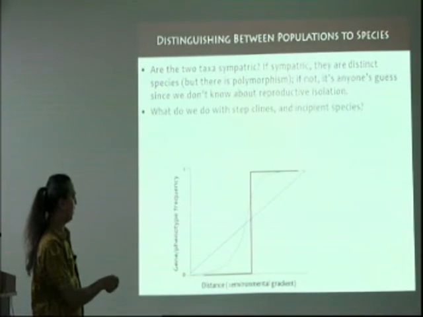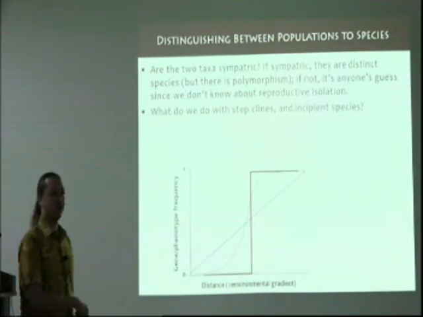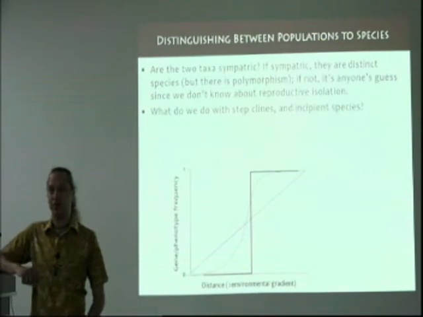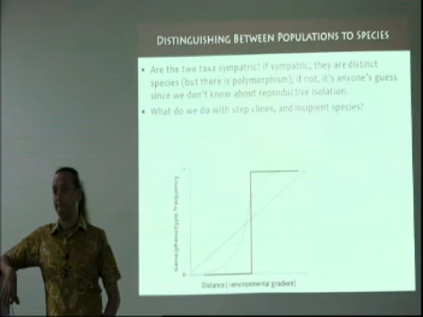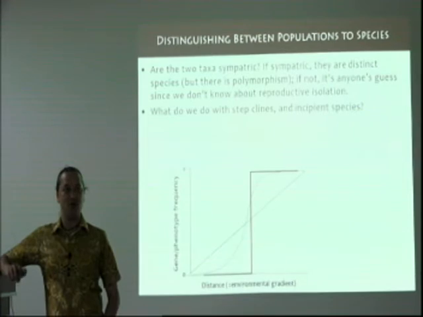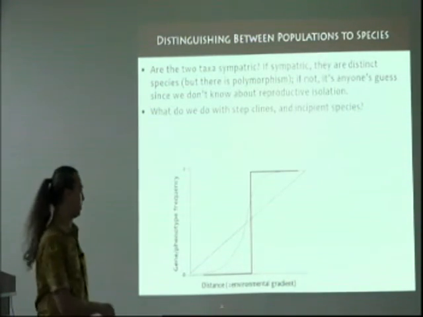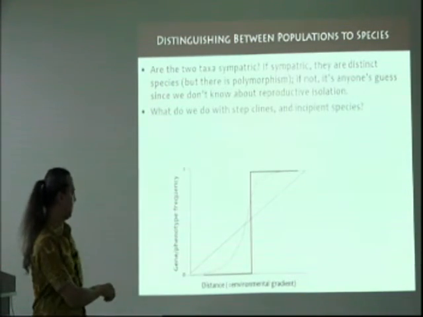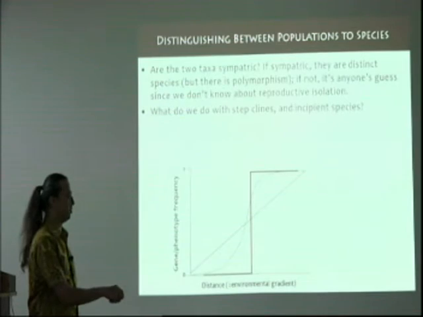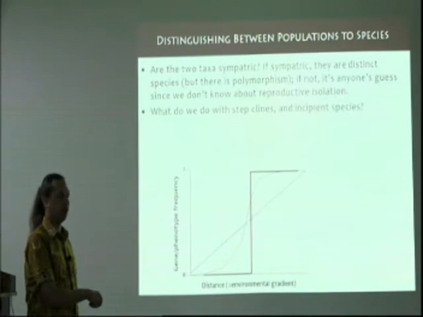Now can you imagine ways in which you get a step cline rather than a gradual cline within the same species? No, I'm talking about when will you get a step cline in any particular phenotype, even if the environmental gradient is changing gradually.